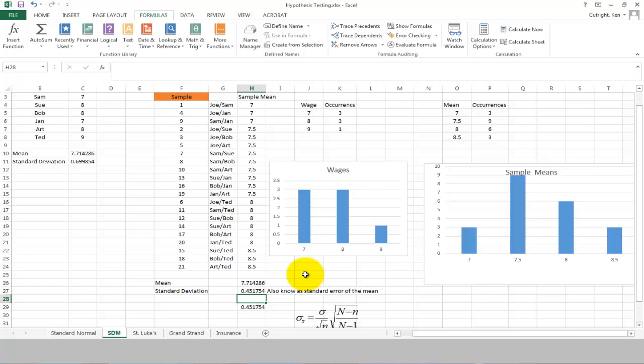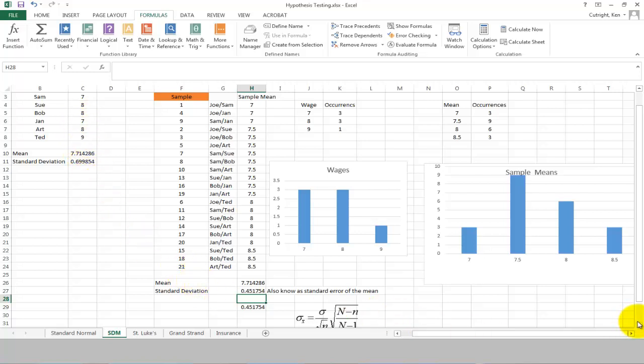And as we expected, it's smaller than the standard deviation of the population. So the standard error of the mean, which is the standard deviation of this distribution of sample means, is smaller than the standard deviation of the population.